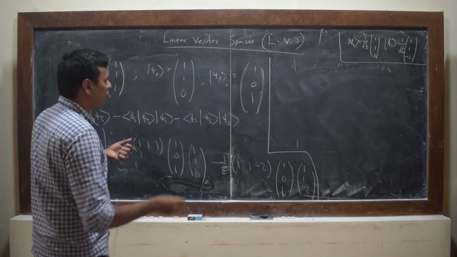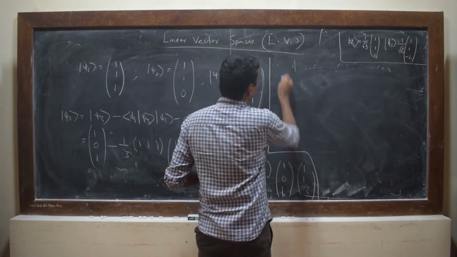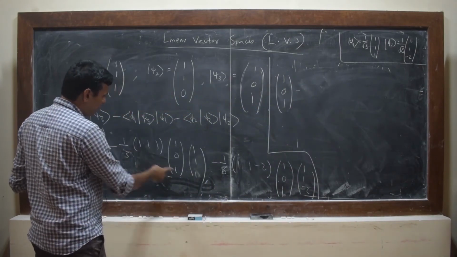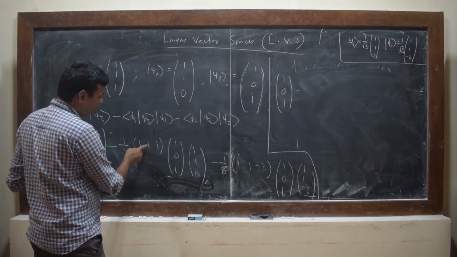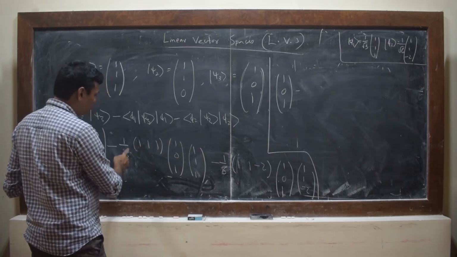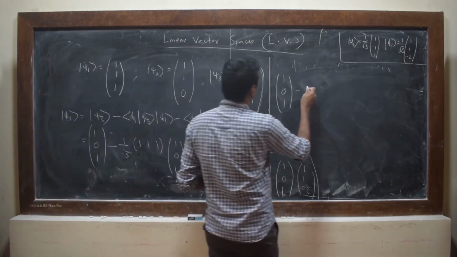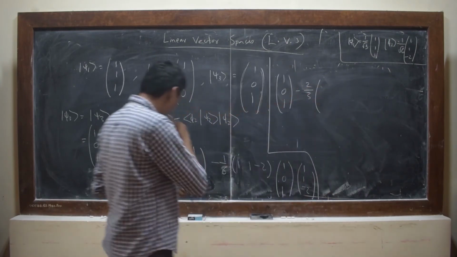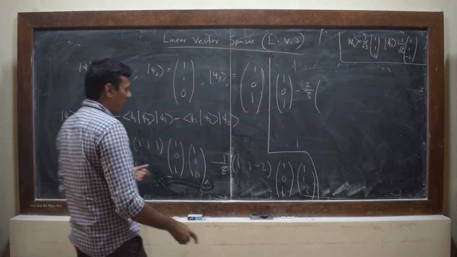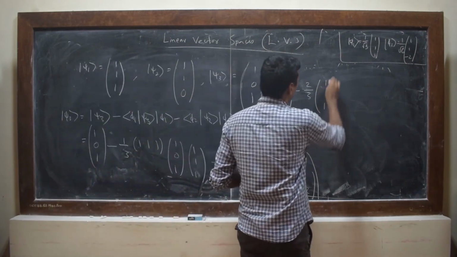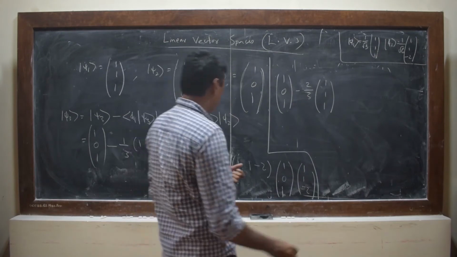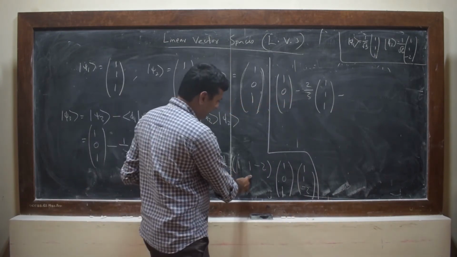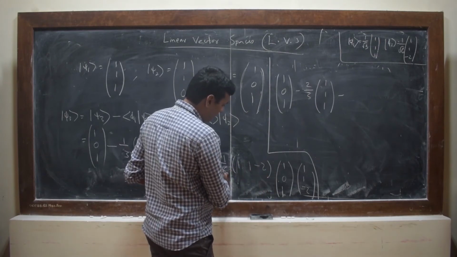Okay. So, the first one is (1, 0, 1) minus... if I multiply these two, I will get again a 2 here: 1 into 1 plus 1 into 0 plus 1 into 1. So, 2 by 3. So, you will have minus 2 by 3 into (1, 1, 1), okay, minus, and then if I multiply these two, I guess that will be 1 by 6.